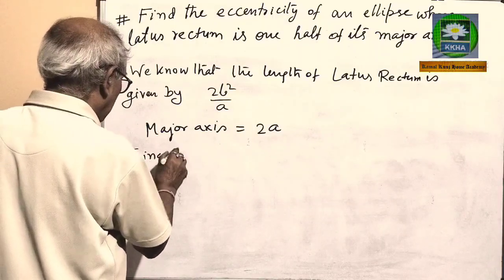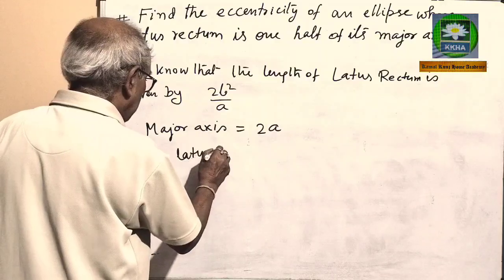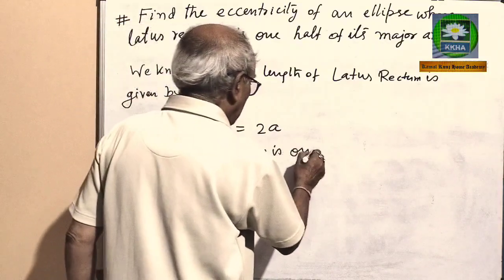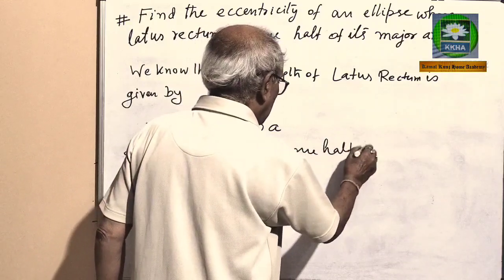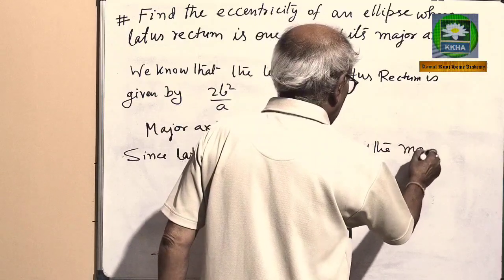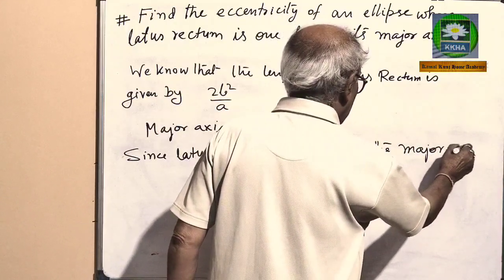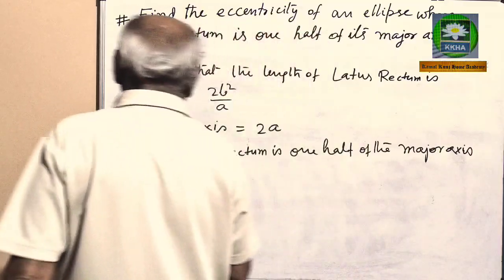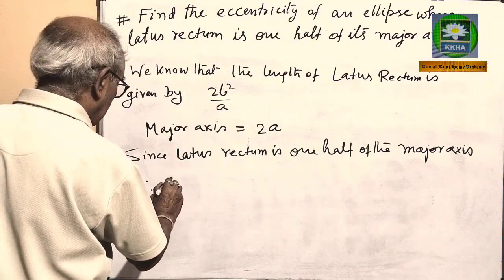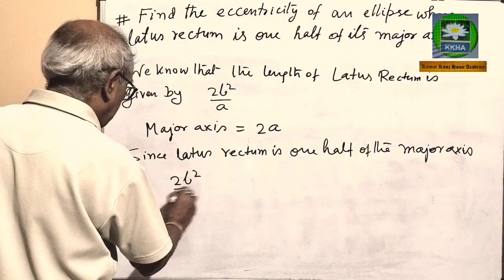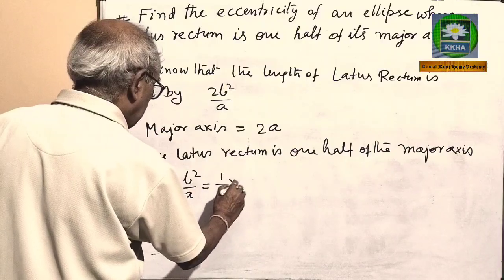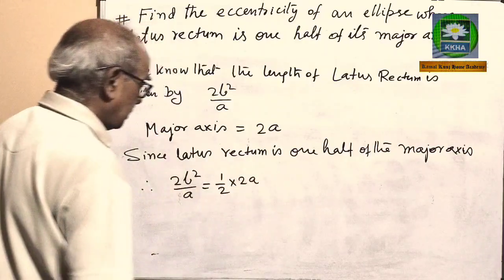Now according to the question, latus rectum is 1/2 of the major axis. Therefore, twice b square upon a is equal to 1/2 of major axis.